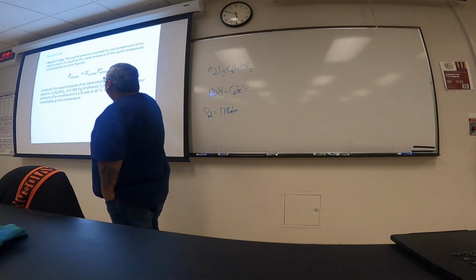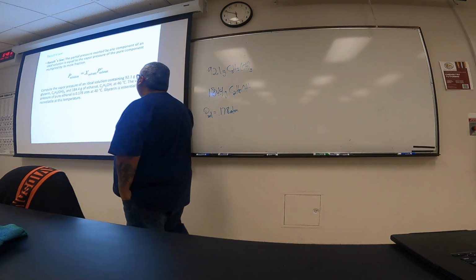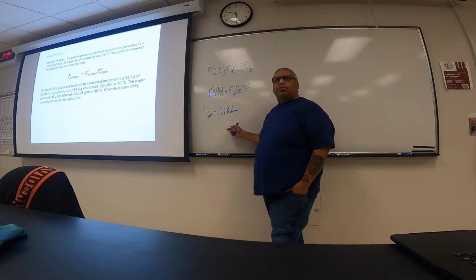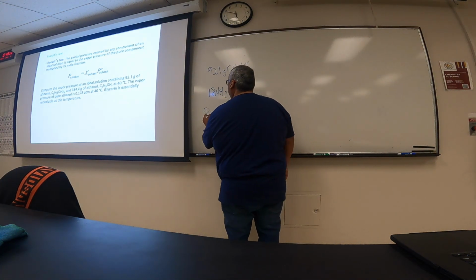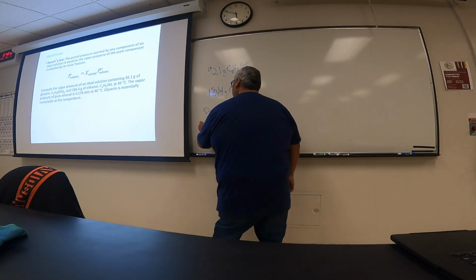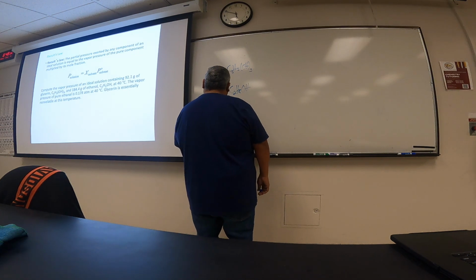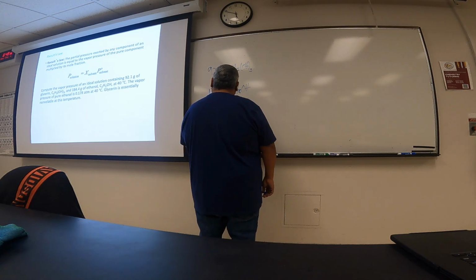And it is asking us to compute the new vapor pressure. So we need the vapor pressure of the, I'm going to correct this here, I'm going to put solvent, not just SOL. So the vapor pressure of the solvent. What we need to determine is the vapor pressure of the solution.